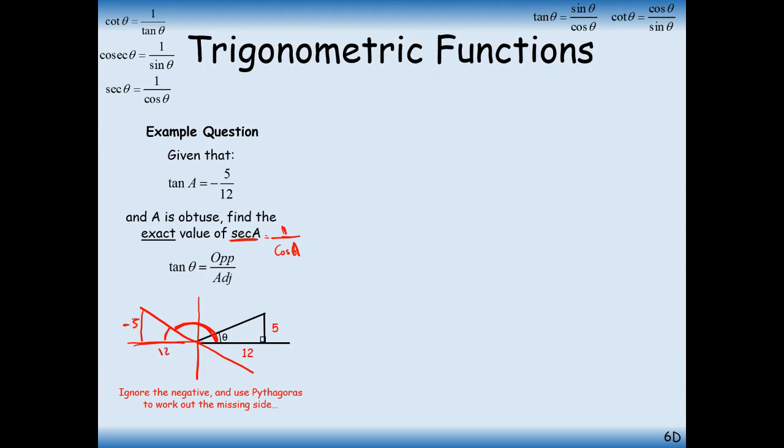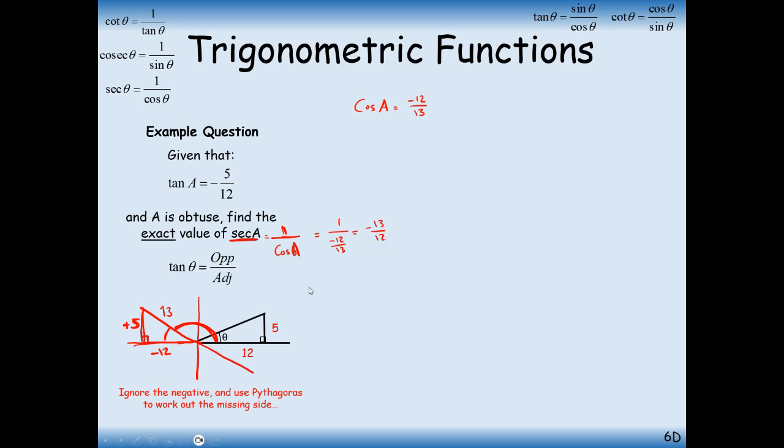To calculate the cos of this angle, we know that this 5 is positive and 12 is negative, because 12 is the x value, and using Pythagoras, you can figure out the hypotenuse is 13, a famous Pythagorean triplet. So cos A is going to be negative 12 over 13, and 1 over cos of this angle is going to be 1 over negative 12 over 13, which is simply negative 13 over 12.